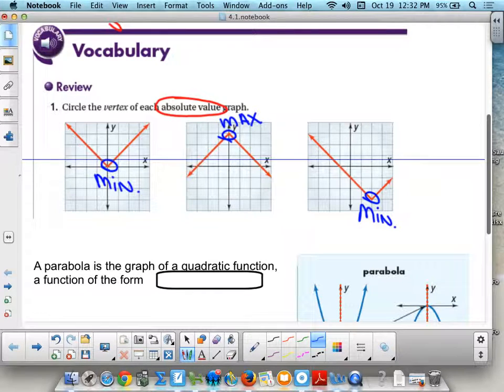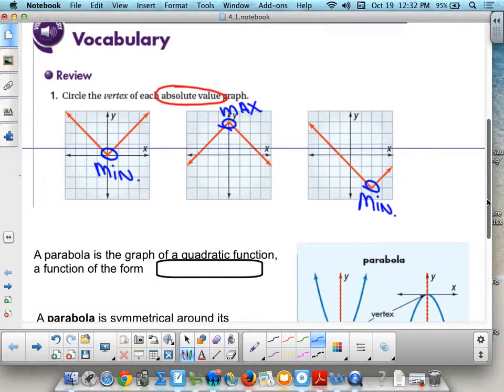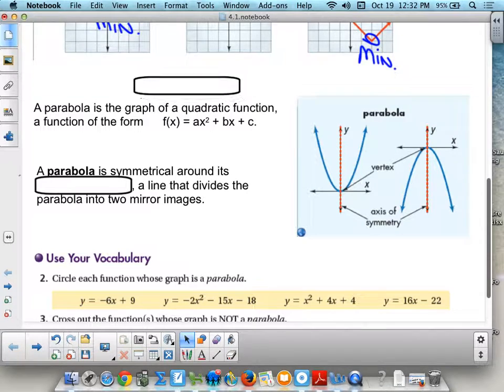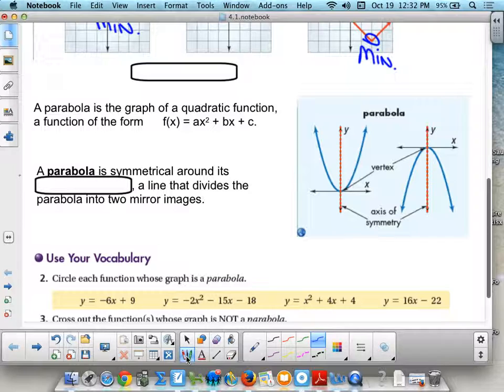Okay, so we got maximums, highest point, minimums, lowest point on absolute values. Well, the same thing happens on parabolas. It says here a parabola is the graph of a quadratic function, a function of the form y equals, or f of x equals, ax squared plus bx plus c.